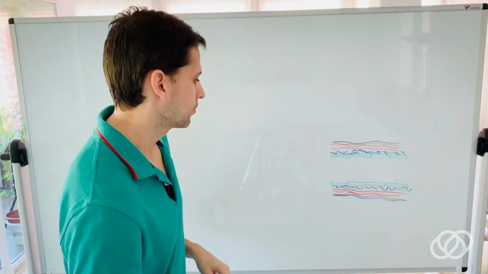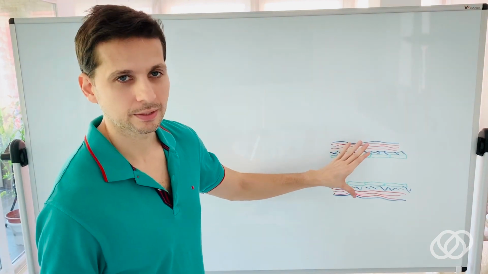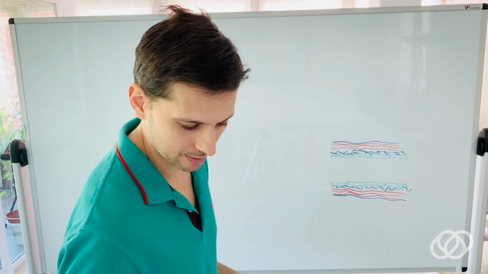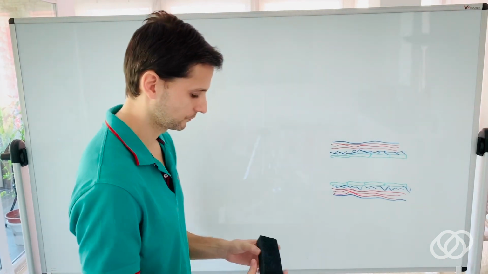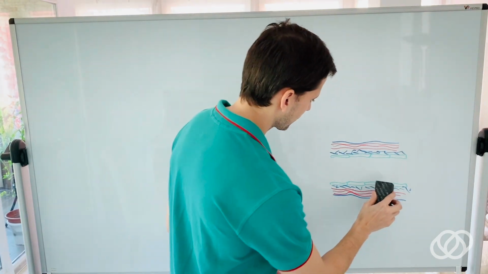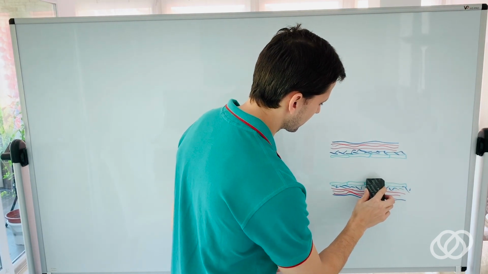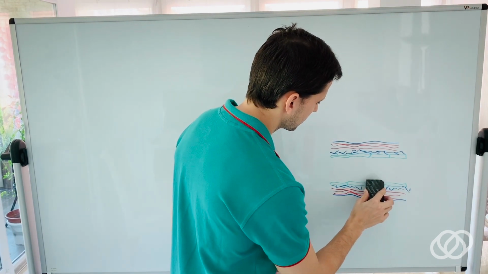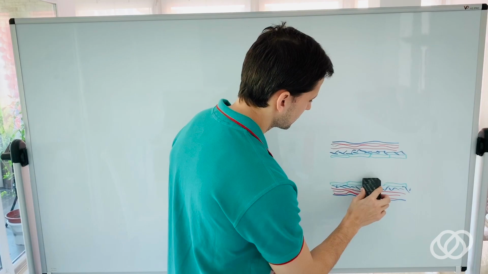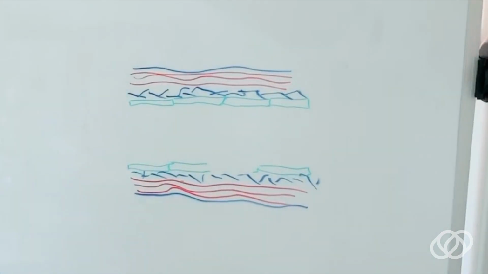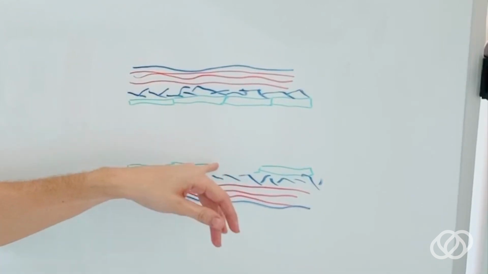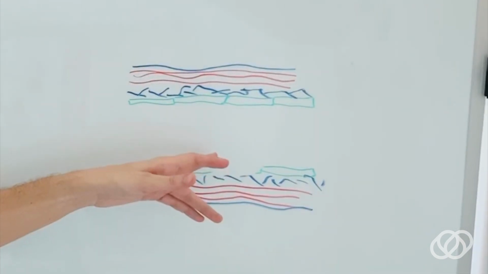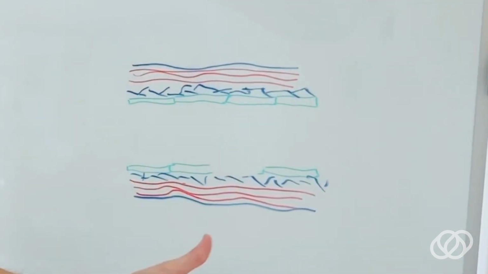So this is an artery vessel, and we can find a problem, for example an injury. It doesn't matter whether it is because of a trauma, or because of an atherothrombotic event.